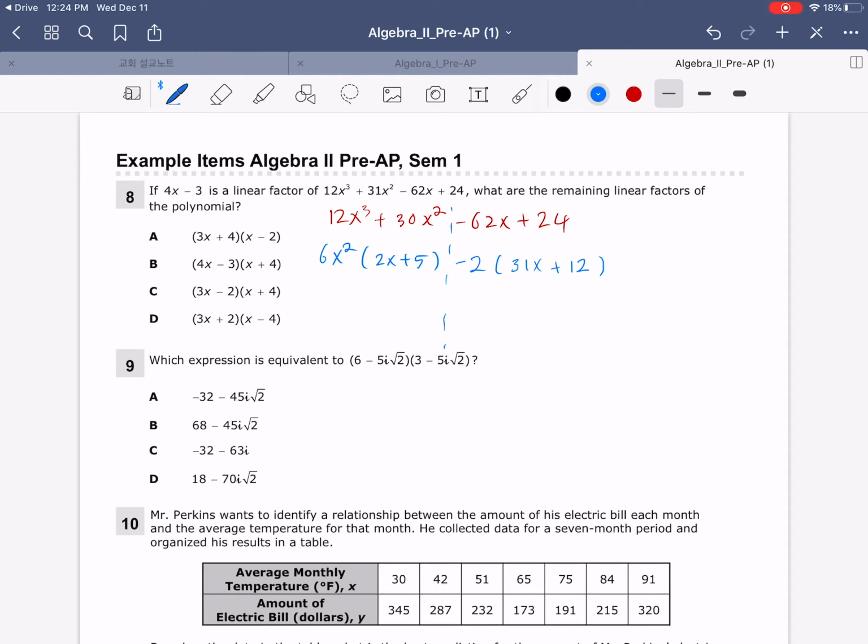Oh wow, what the heck? Yeah, let's skip question number 8. Obviously, I just noticed that this cannot be factored the normal way.